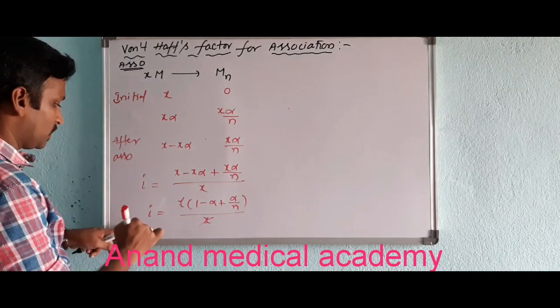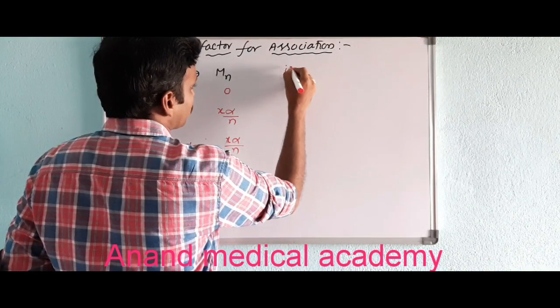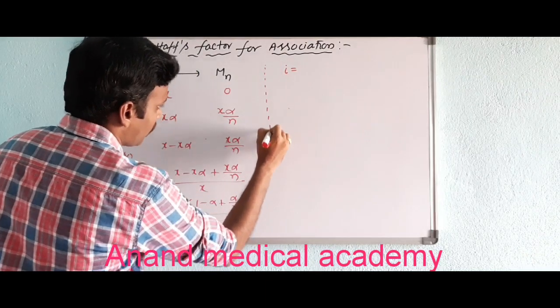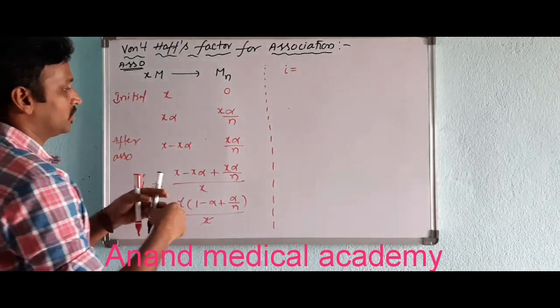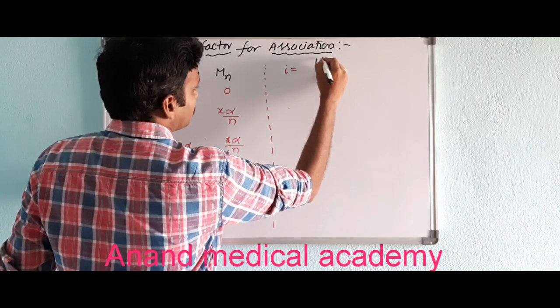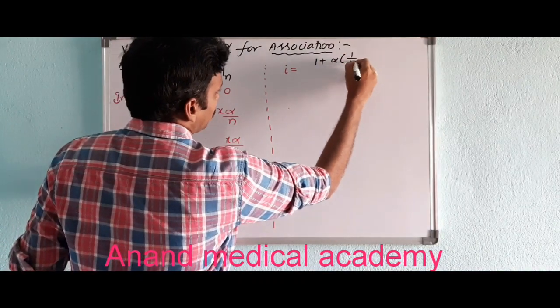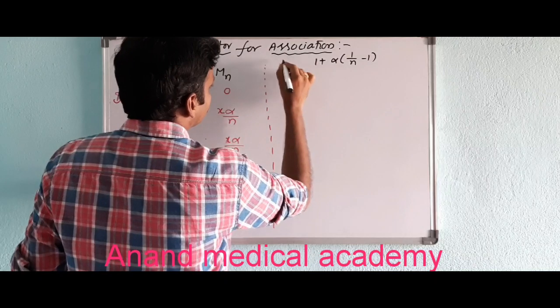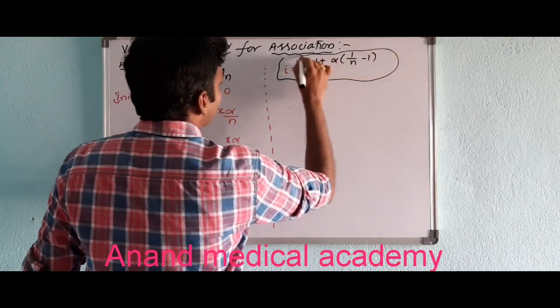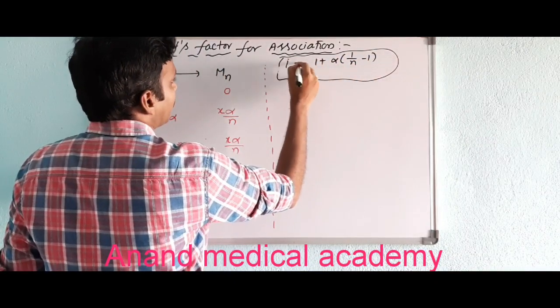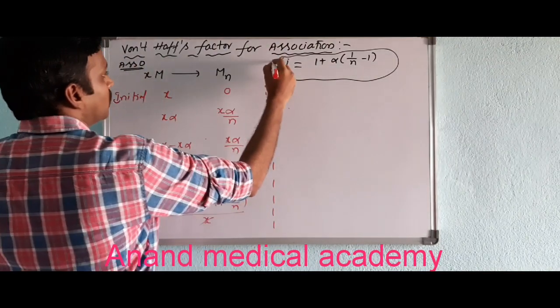Got it clearly? So here you have i is equal to, therefore, what exactly is i here? 1 plus alpha into 1 by n minus 1. So this is what i is. Very important.